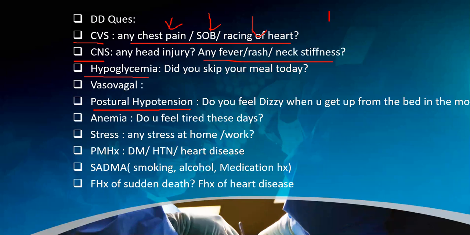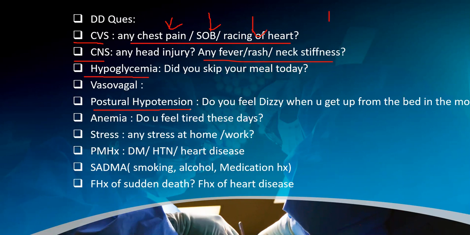What happens is that when they suddenly get up from lying to standing, there is peripheral pooling of blood in the lower extremity, which results in low blood supply to the brain. And that's why they feel dizzy.